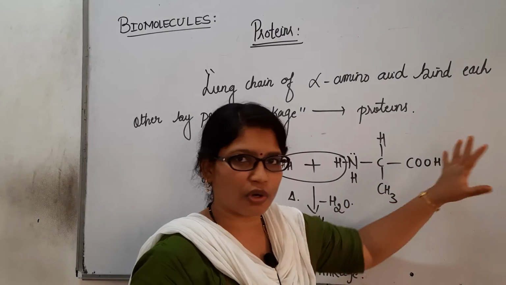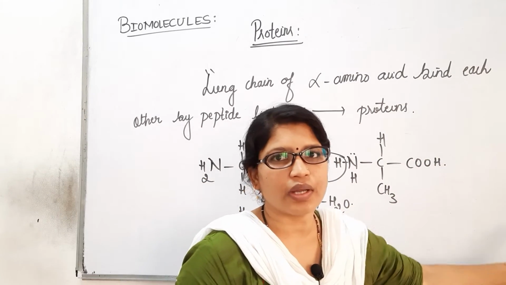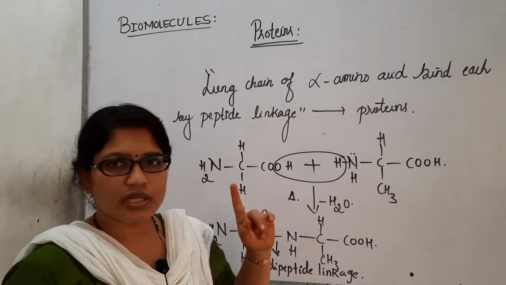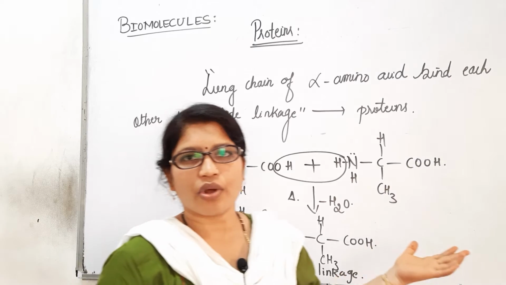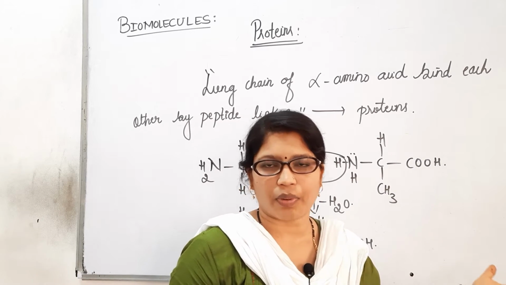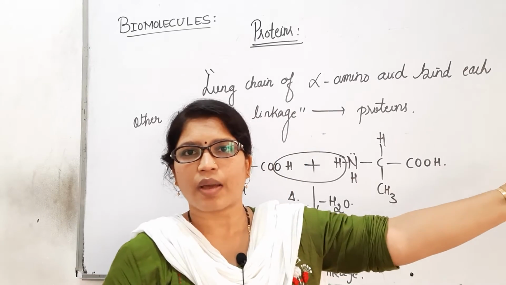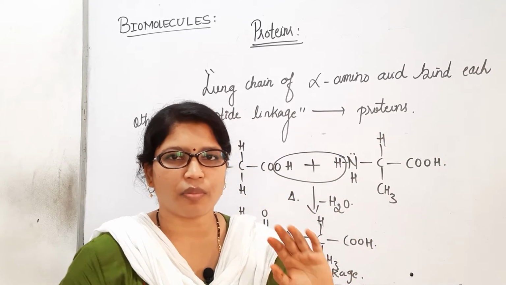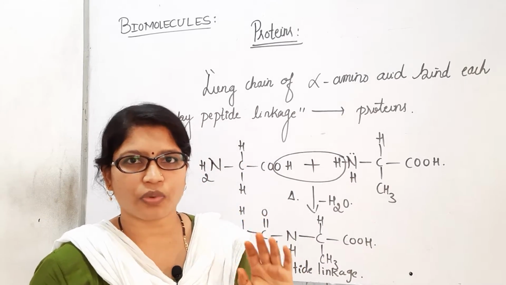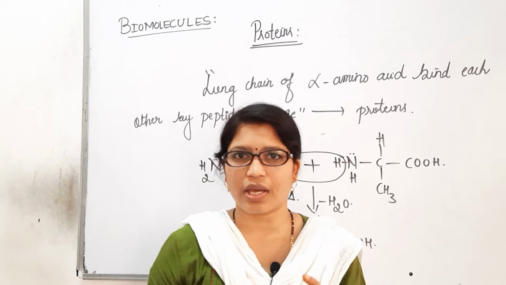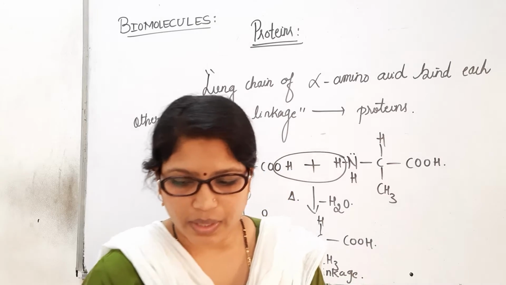Again elimination of a water molecule takes place to form the next, tripeptide linkage. Two amino acids combined give a dipeptide, three a tripeptide, four a tetrapeptide. Similarly, n number of amino acids combine with each other to form the structure of proteins, due to polypeptide linkage. That linkage we call a polypeptide linkage.